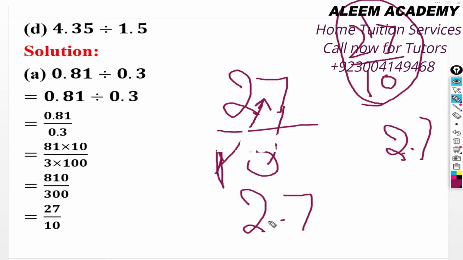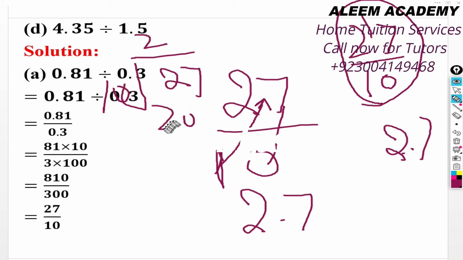Or if you do not want to remember these short formulas, then the final thing is this: just write 27 inside and 10 outside, and 10 twos are 20, then minus, and 7 will be the remainder. So write a point here and then 0 here, and 10 sevens are 70.